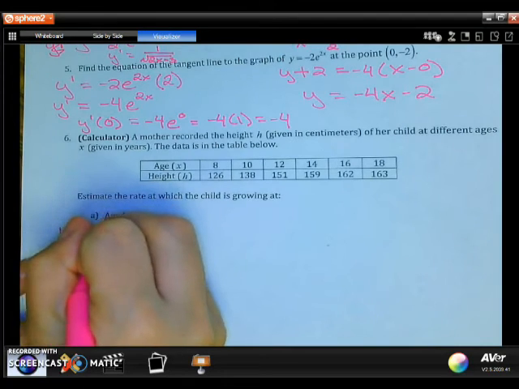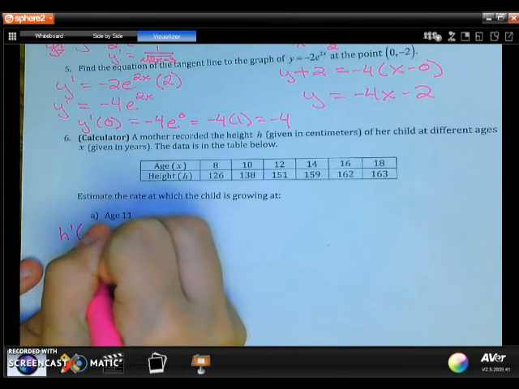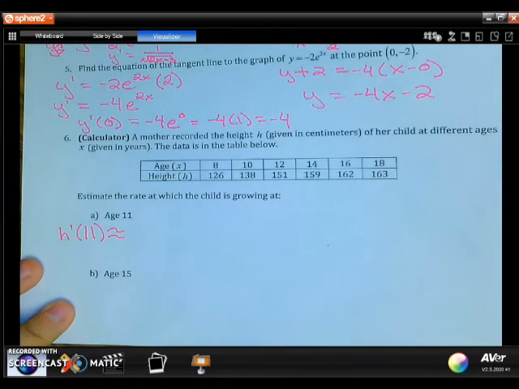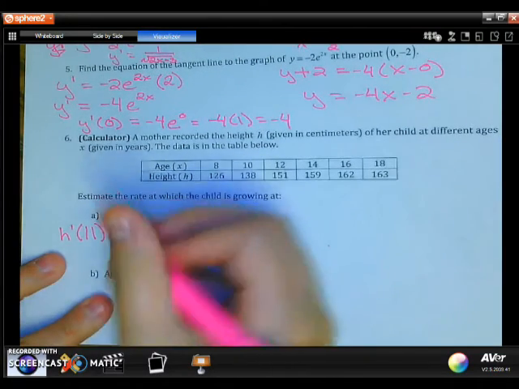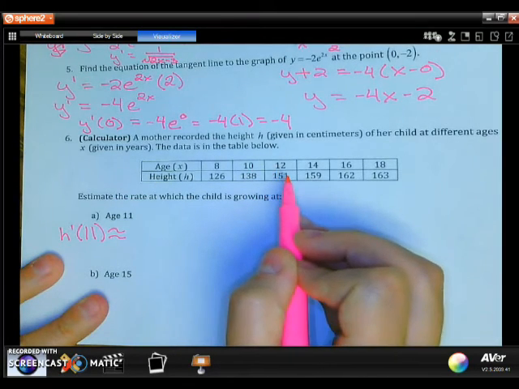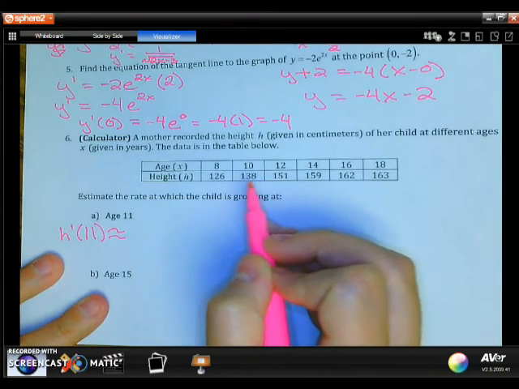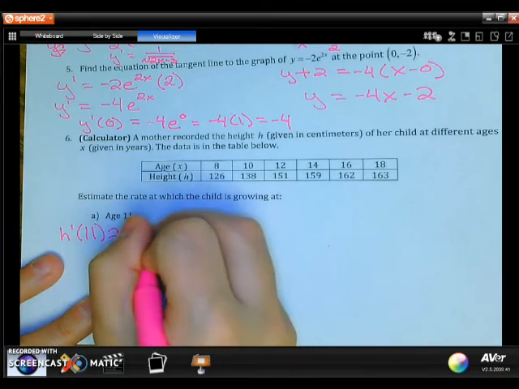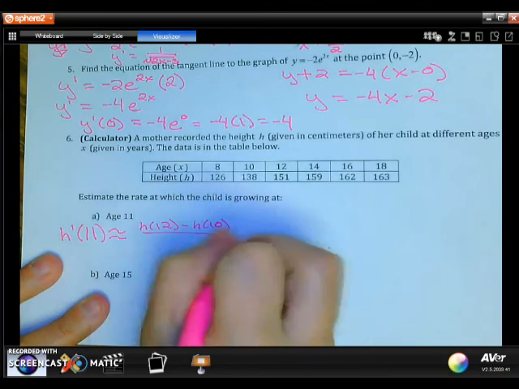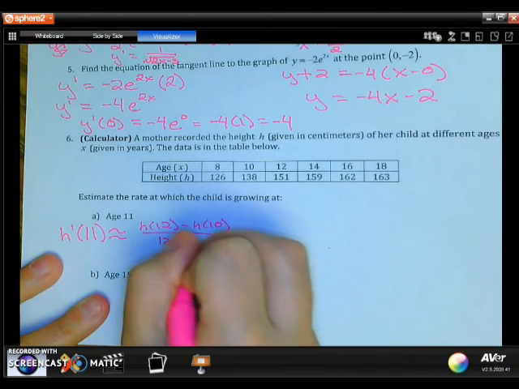So h, I'll call that h for height, at 11 is approximately, this is an approximation. If you realize 11 falls right here, that means the 10 and the 12 are going to be important. So basically it's h of 12 minus h of 10, all over 12 minus 10.